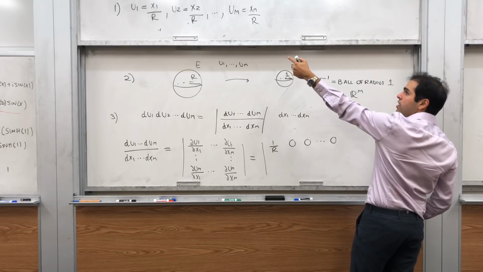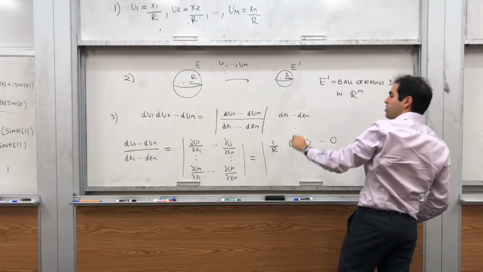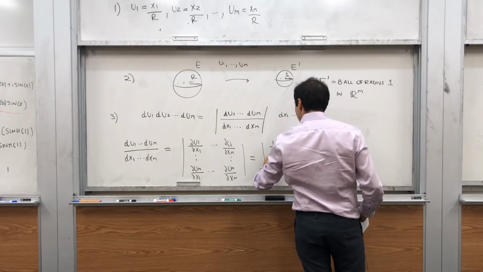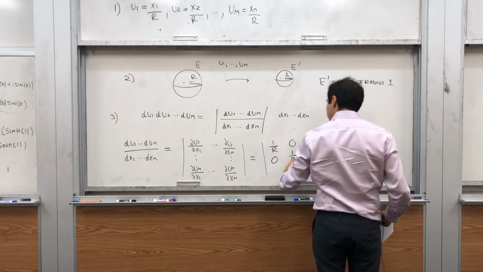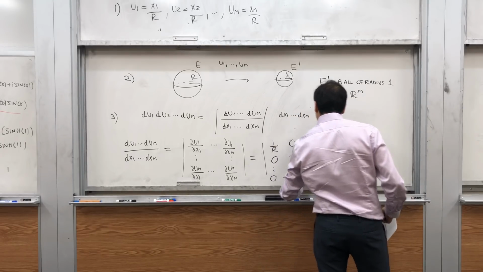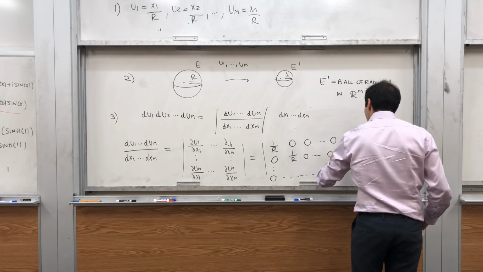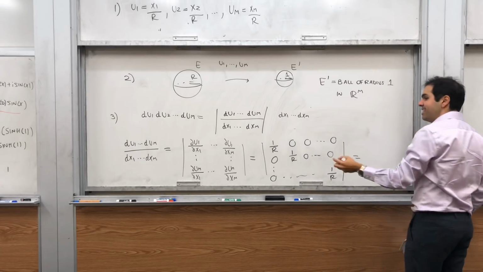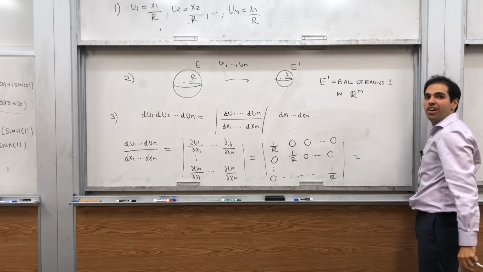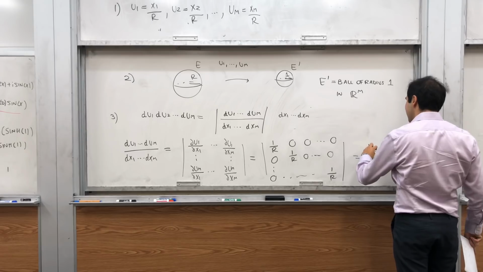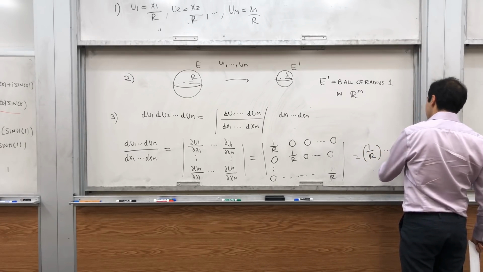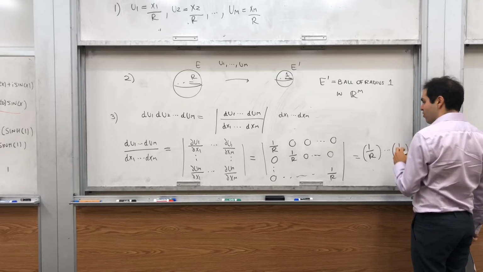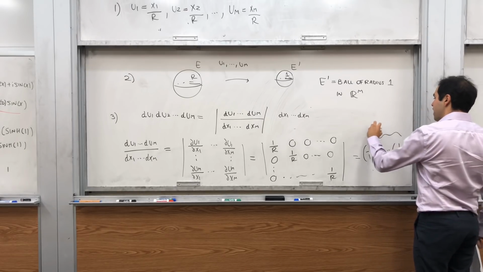The second line, partial u2 over partial x1 is just 0, and then 1 over r, 0 up to 0. Lastly, 0, 0, 0 up to 1 over r. And the nice thing is you get a determinant of a diagonal matrix. So you just take the product of the diagonals. So 1 over r, 1 over r, and you do this m times.